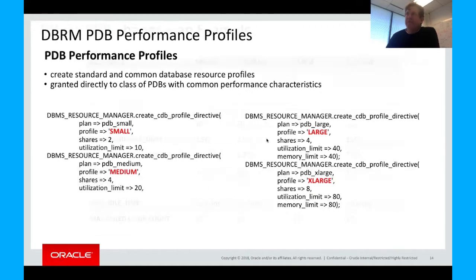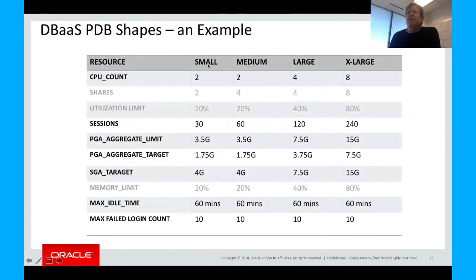So what that means is basically taking these shapes and defining the shares and utilization limits, which is basically a percentage of, in this case, CPU and memory, of the CDB definition.